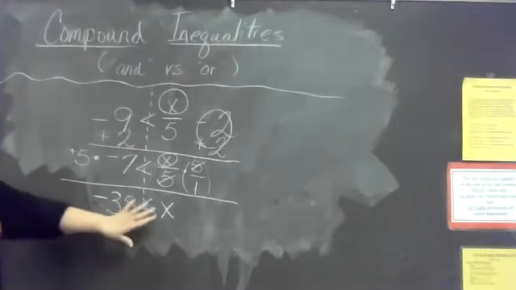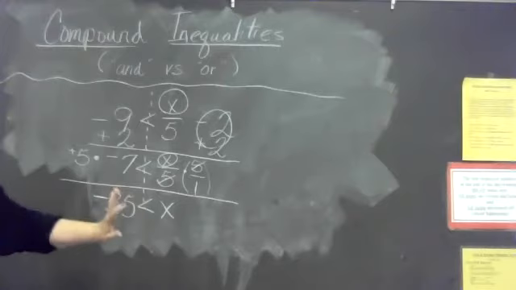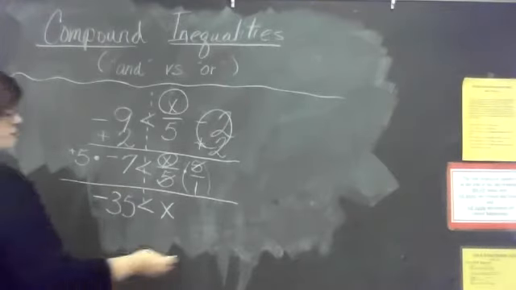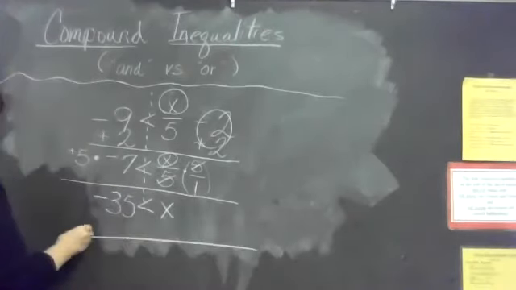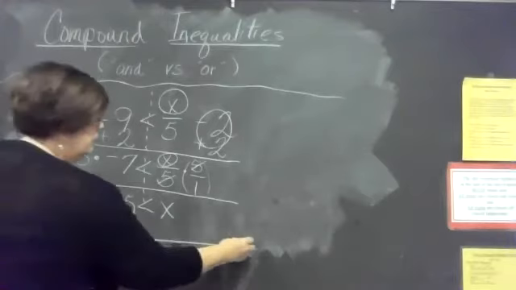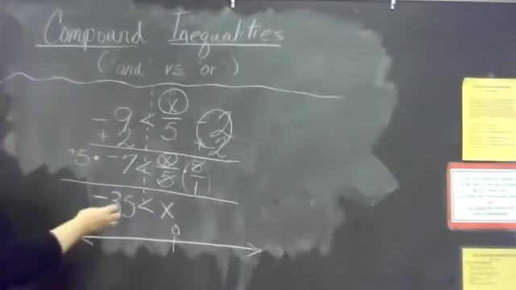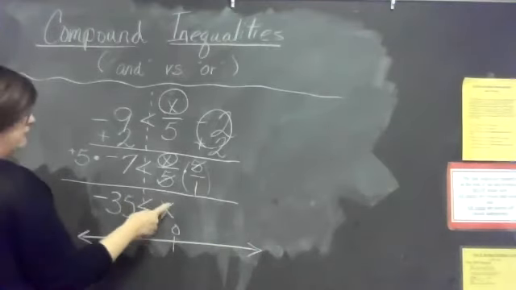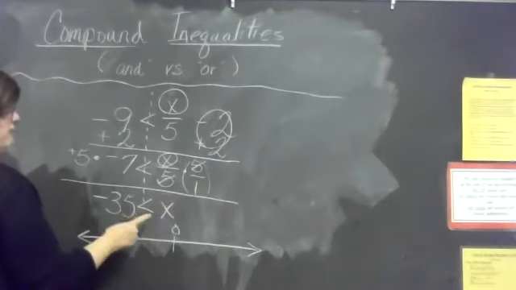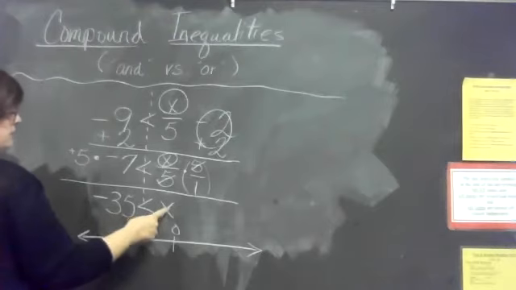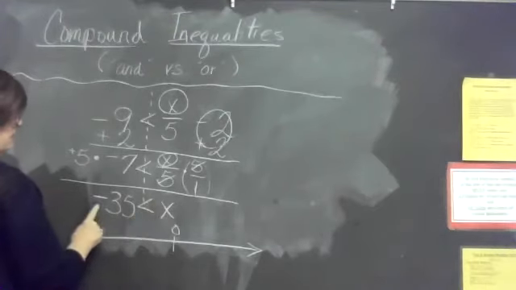Now, this is one of those that's backwards to what we're used to when we start to graph this. And so you can do one of 2 things the way we explained yesterday. You can either read from the variable, always read from the variable, x is greater than -35.